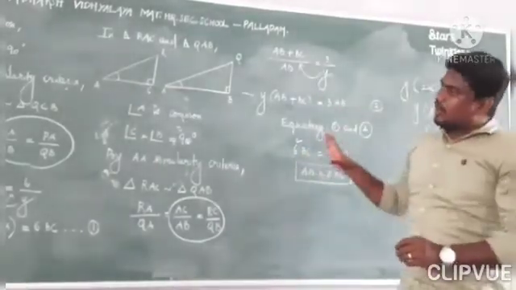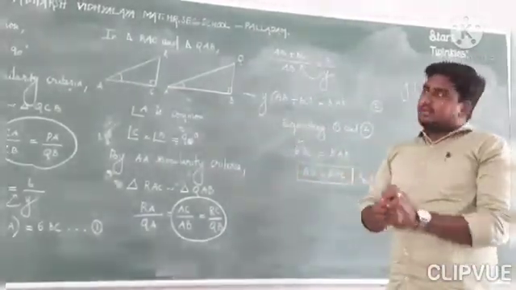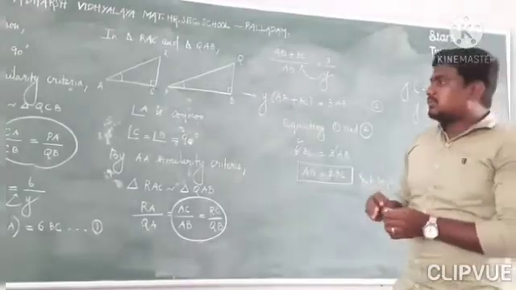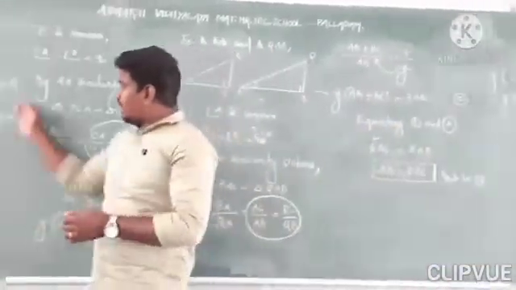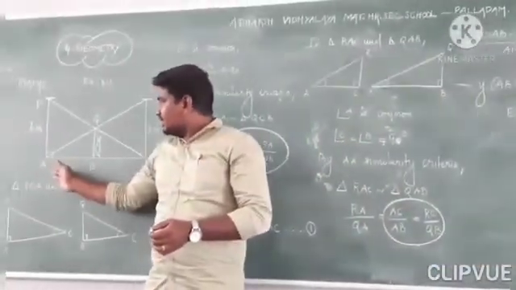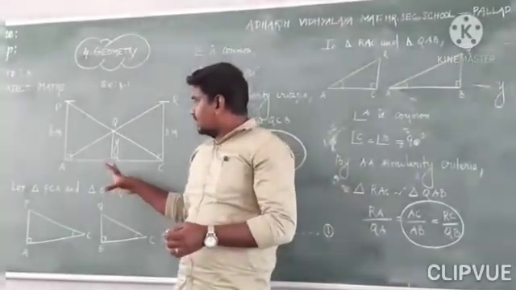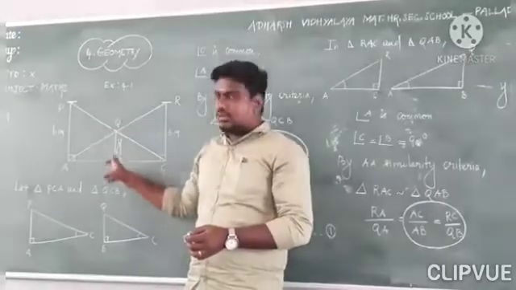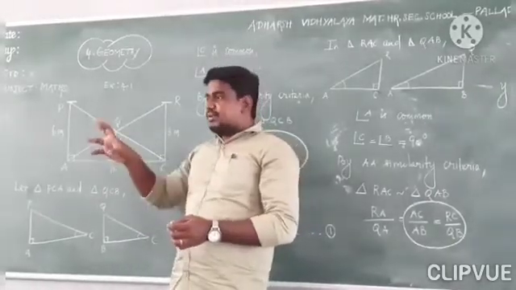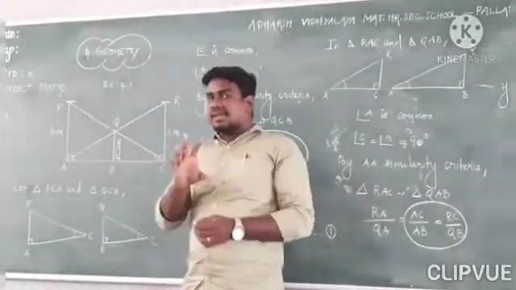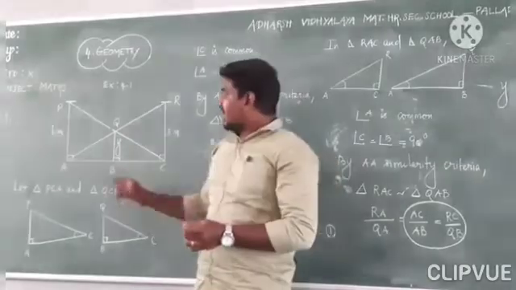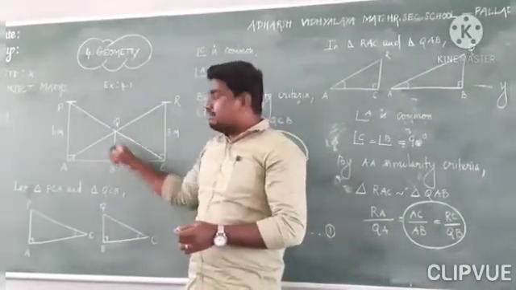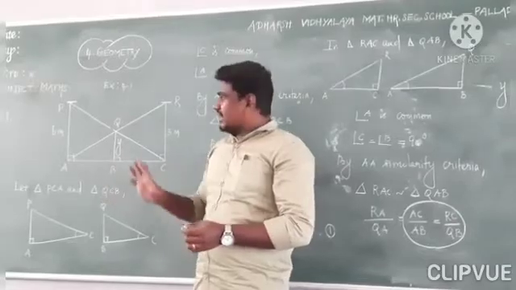Actually, this problem is given as an example, but in the example they do not give the values of RC and PA. They just find the height of BQ, that is Y. So if you solve that example problem, you can get the constant result for finding the height between B and Q. It is very easy.